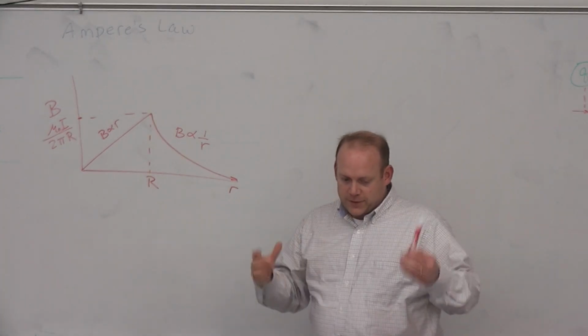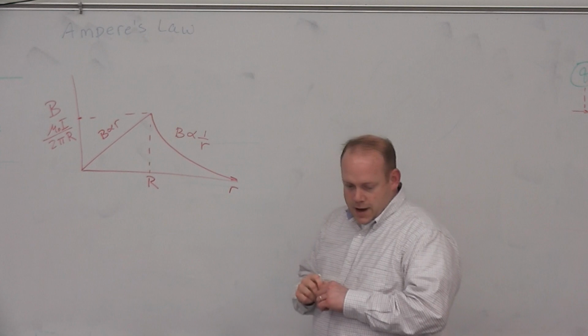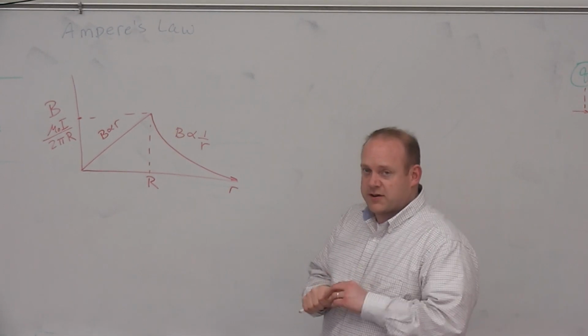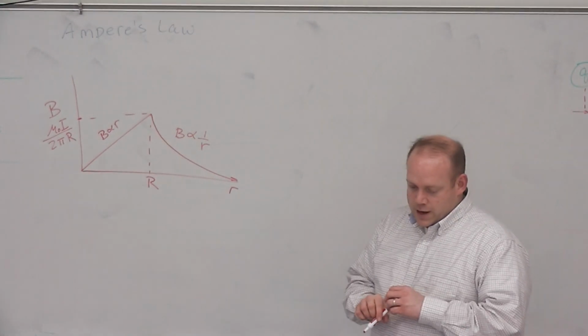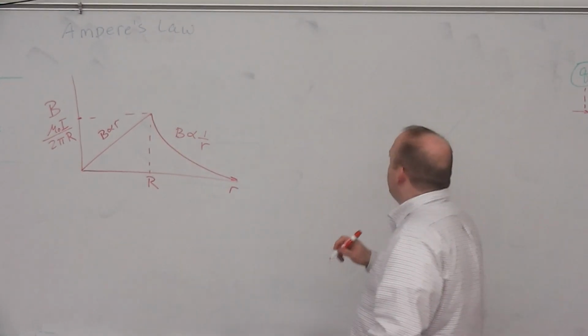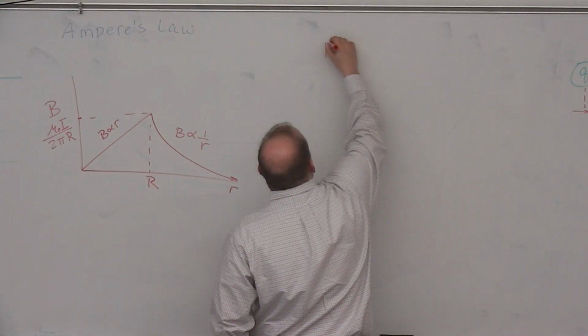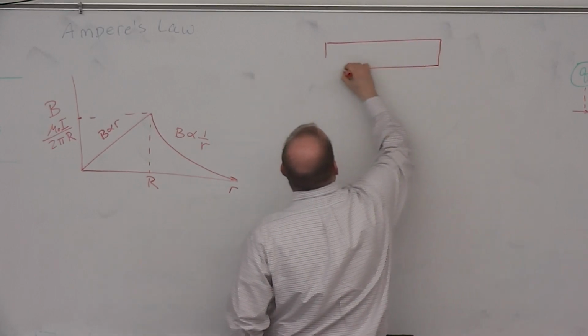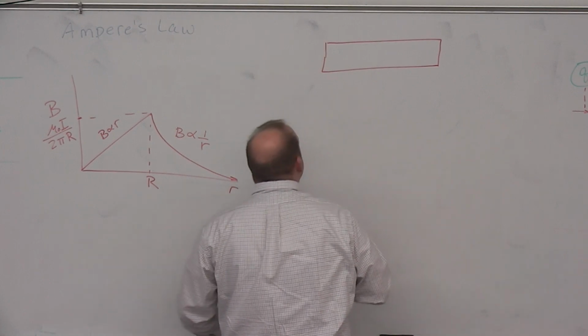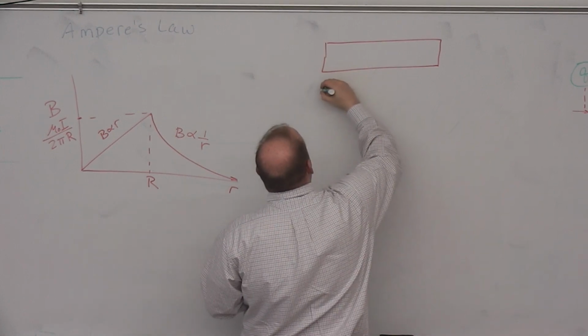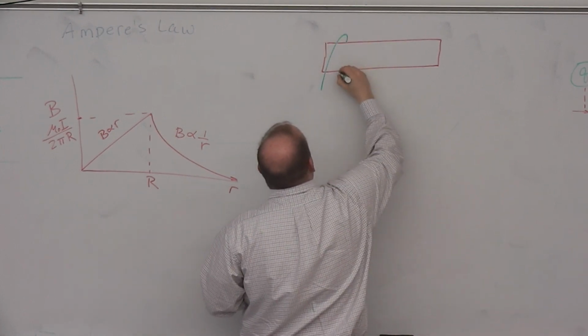We'll talk about some of the uses for this as we go on. But for right now, we'll just say that we can create a very strong magnetic field. So now, let's just say that I have some sort of core here with a wire wrapped around it.